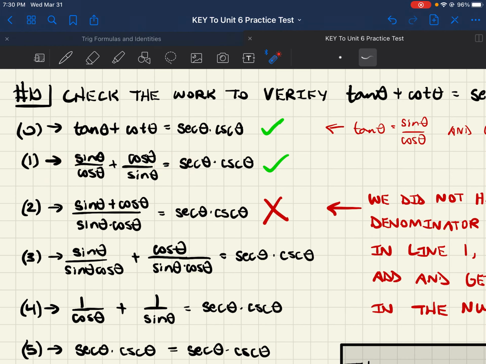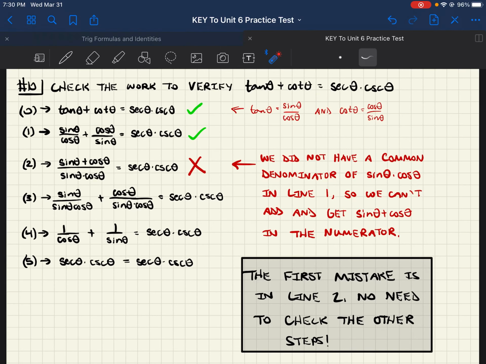But the student didn't do that because you can see the top is still just sine theta plus cosine theta. So you can see that these didn't get multiplied by anything. So this is where the mistake is. Okay, and again, we don't need to continue any further. We found the first mistake. Don't waste time. Move on to the next problem.